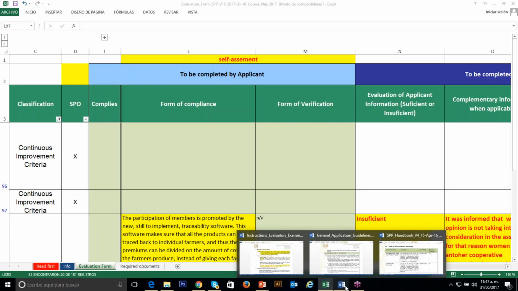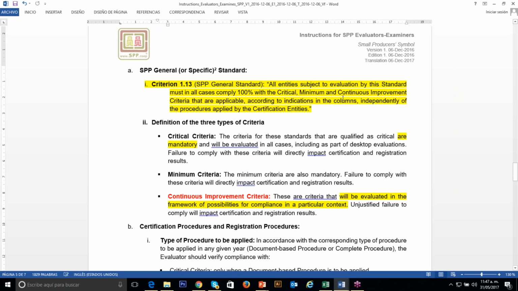I wanted you to listen as much as you can, because you are an evaluator of a certification entity, Beiji. We didn't review this document, just one part, the instructions for evaluators.